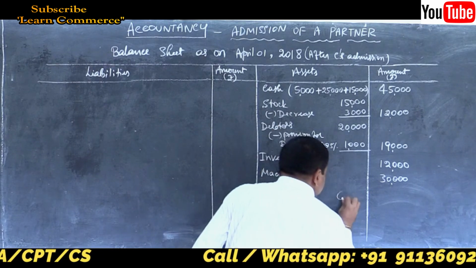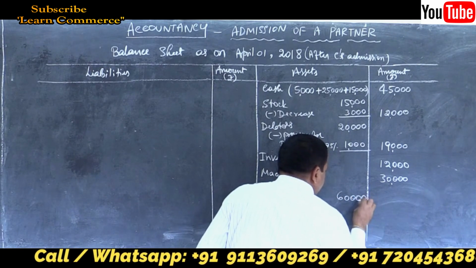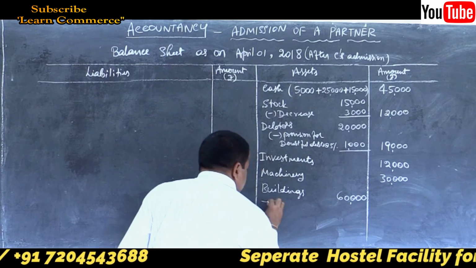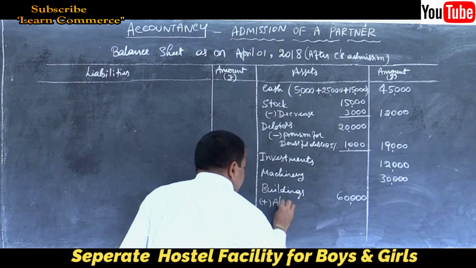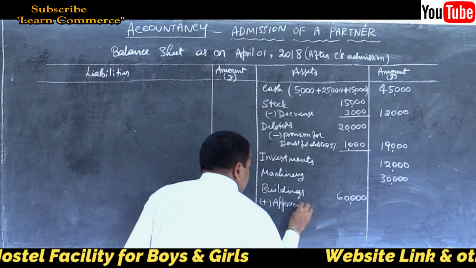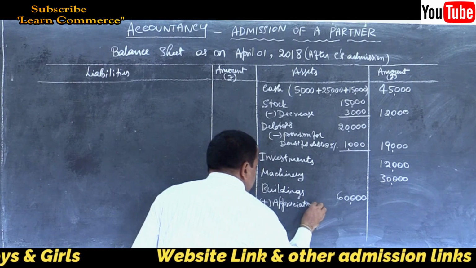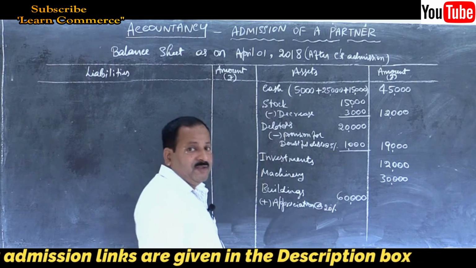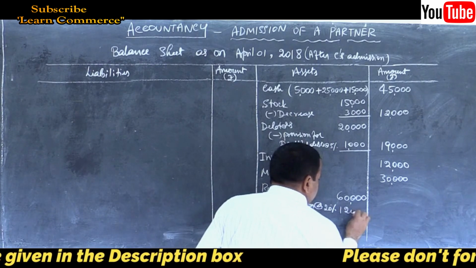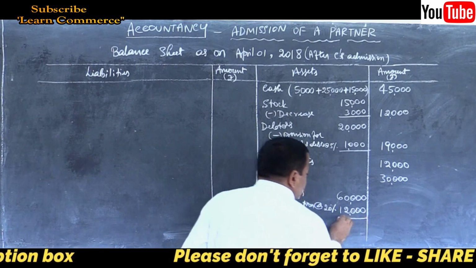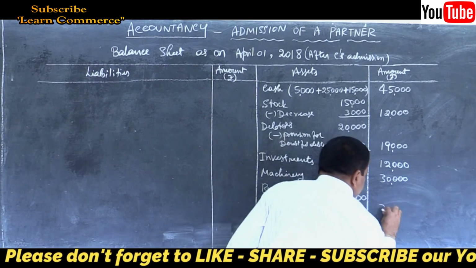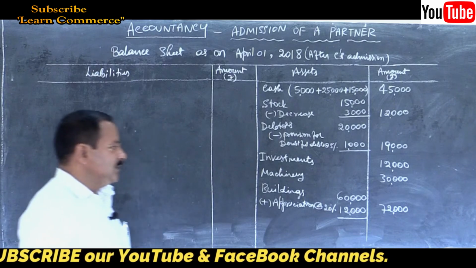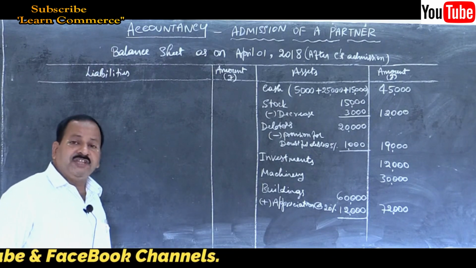Old value was 60,000. There is an increase at the rate of 20%. So add appreciation at the rate of 20%. It will be 12,000. Add it together, 72,000. That's all. No other assets.